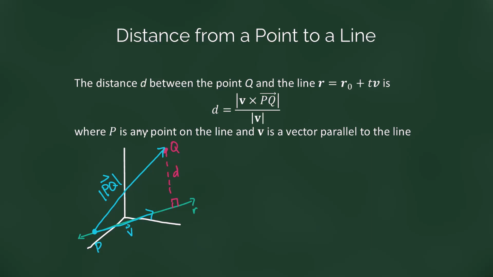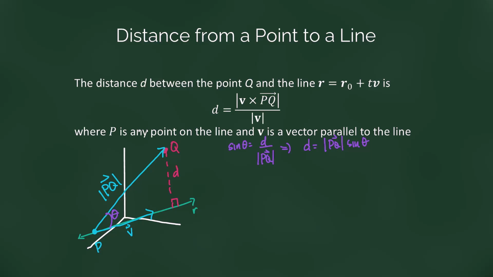Given that picture, now we have the angle in here, we'll call it theta. And we know from trigonometry that the sine of theta is going to be d divided by the magnitude of PQ, which tells us that d is equal to the magnitude of PQ times the sine of theta.